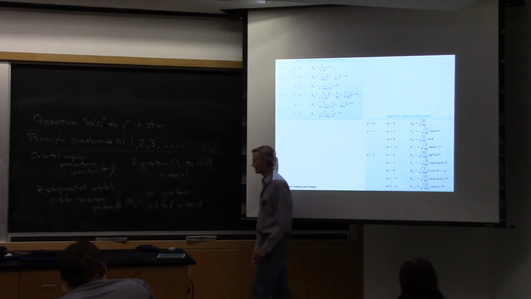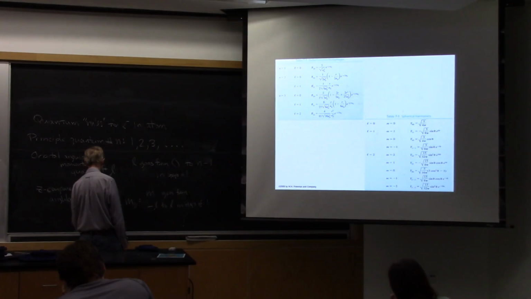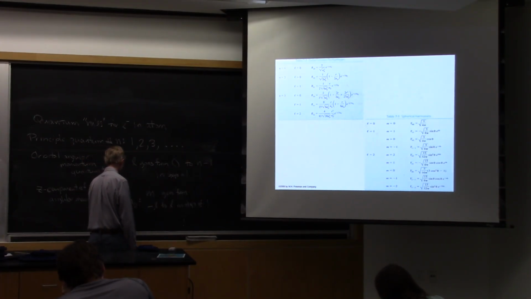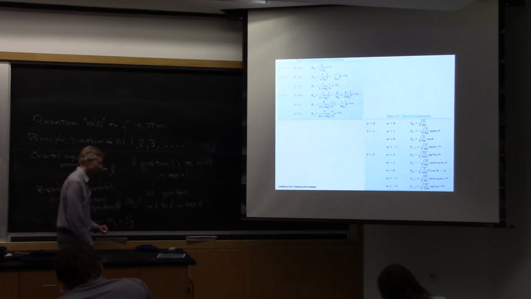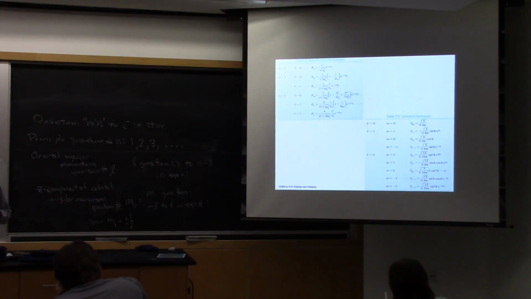And then finally, for the spin, M sub S can only be plus or minus 1 half. So for the spin, you get a factor of 2 in the degeneracy, because it can be spin up or spin down in terms of the quantum number.